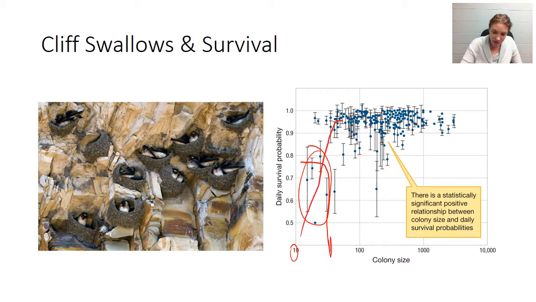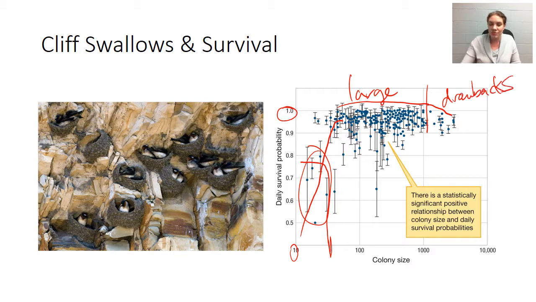Once you get up to a colony size of 75 birds or so, pretty much all of them have a good chance of surviving. It's almost 100% survivability. And it stays that way until your group size hits about 1,000, and then it drops down again a little bit. Not a huge amount. So there's clearly a benefit to larger group size up to a point. And once you get past that point, we start seeing more and more of the drawbacks.